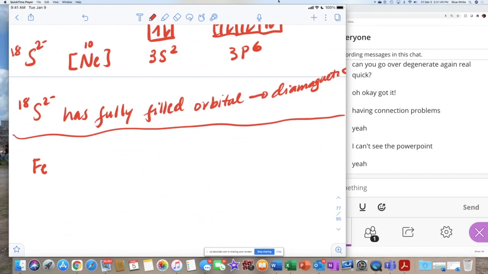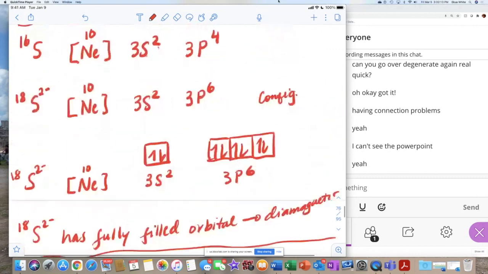Fe. Fe starts off with how many electrons? 26. Okay, shorthand configuration for Fe is Ar in parentheses. Ar handles 18 of those electrons. From Ar, we go to 4s2, and then 1, 2, 3, 4, 5, 6, 3d6.